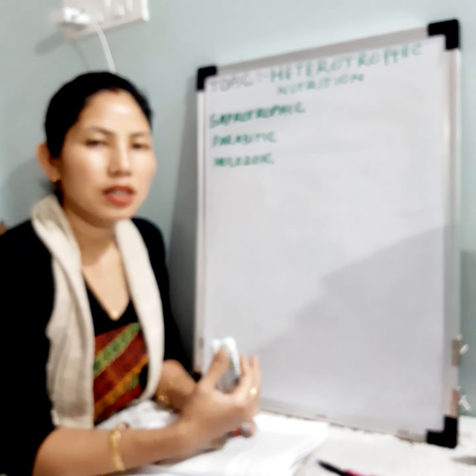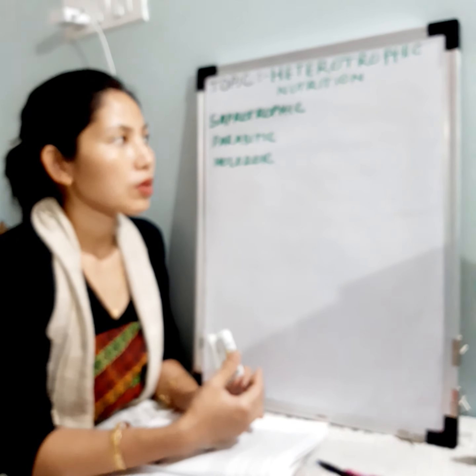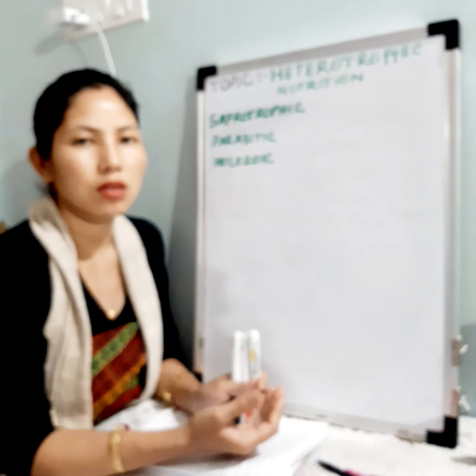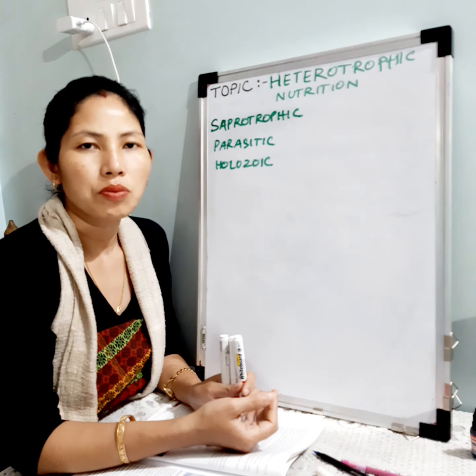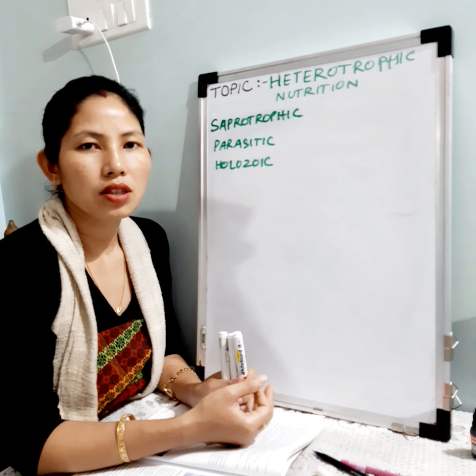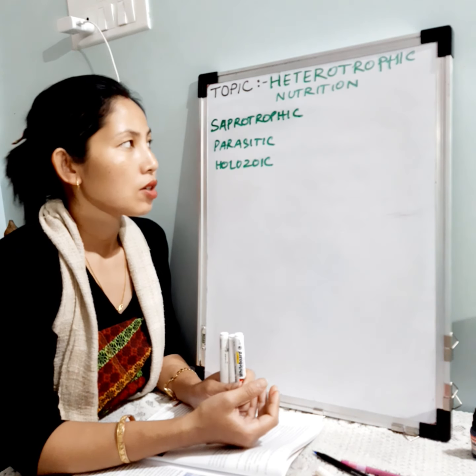And finally they take in their nutrition, right? The organisms that follow this saprotrophic mode of nutrition include the fungi, mushrooms, molds, etc. These are non-photosynthetic organisms and they are known as saprotrophs, right?